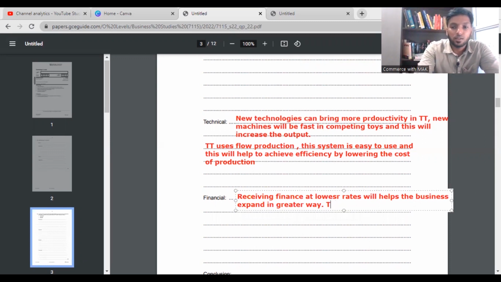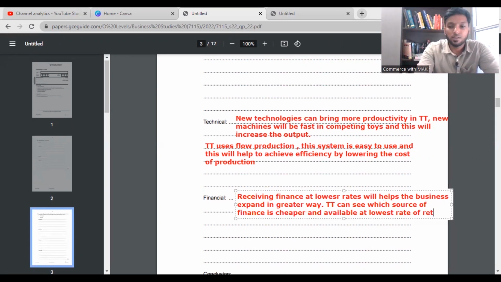Business TT can see which source of finance is cheaper and available at the lowest rate of return, lowest rate of return in payment.